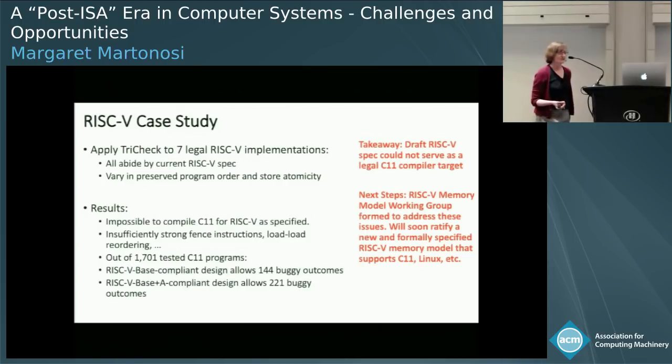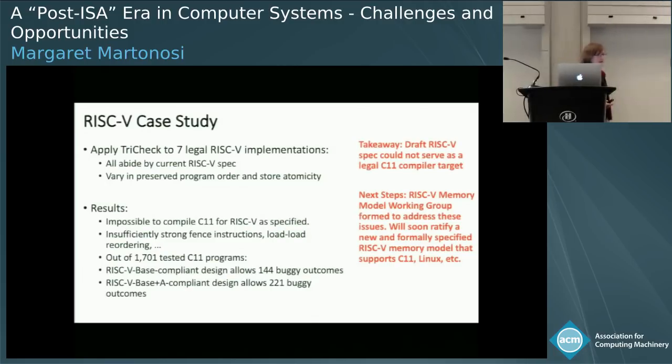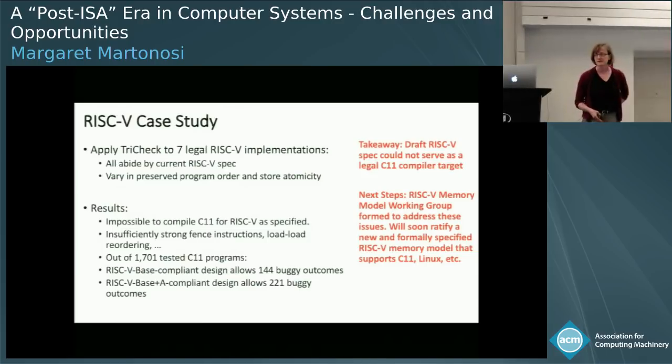Lacking that sufficiently strong fence instruction, there was no way to correctly compile many of the C-level litmus tests in a way that would actually run legally on some of the processors that were legal RISC-V designs.